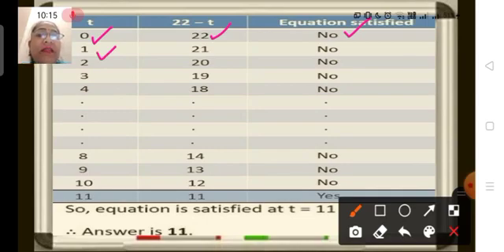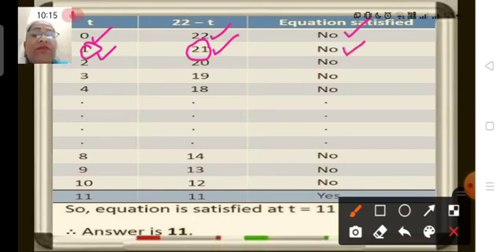So we will take the next value of t as 1. If we take t as 1, 22 minus t equals 22 minus 1, which gives the answer 21. But children, we want the value of 22 minus t and the value of t to be the same, and that is not there. That means t equals 1 does not satisfy the equation.